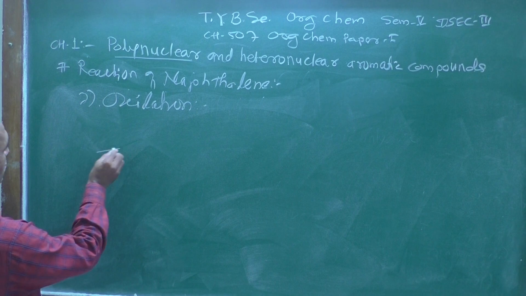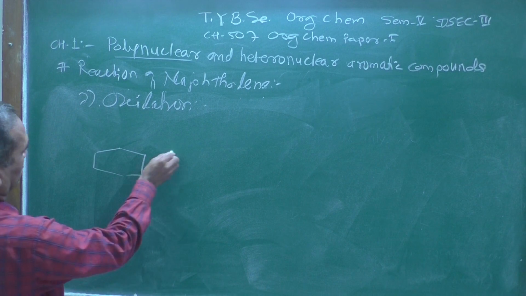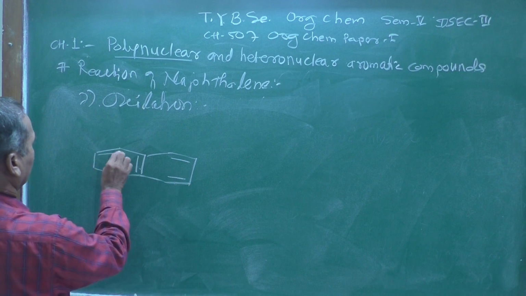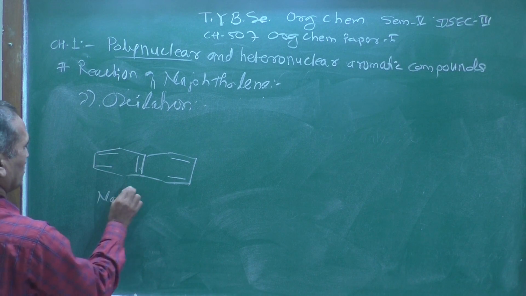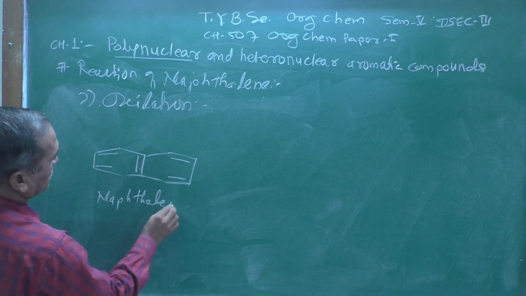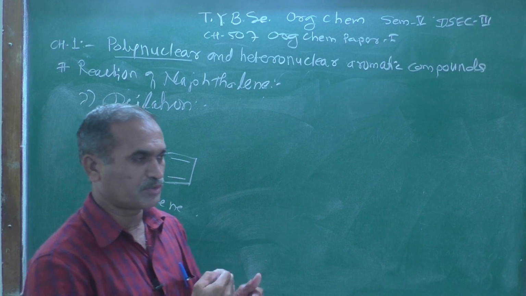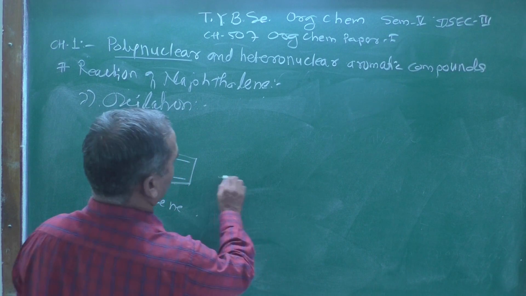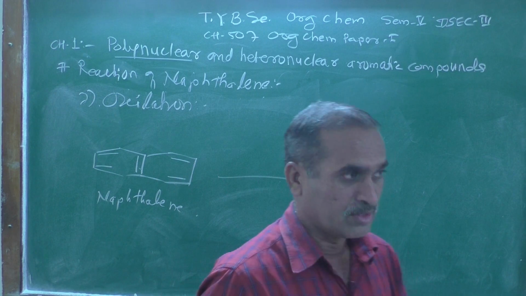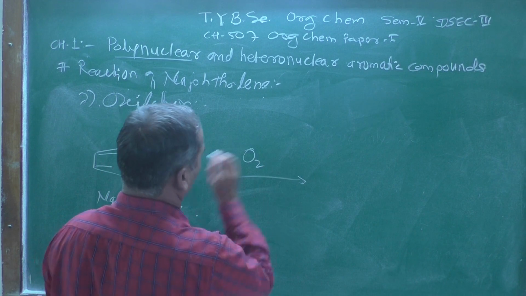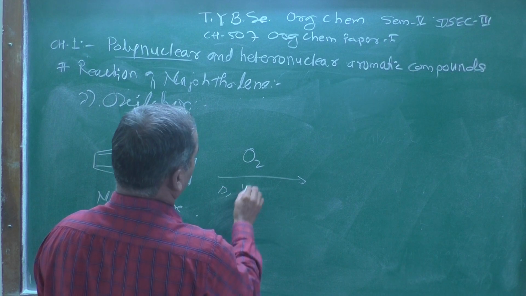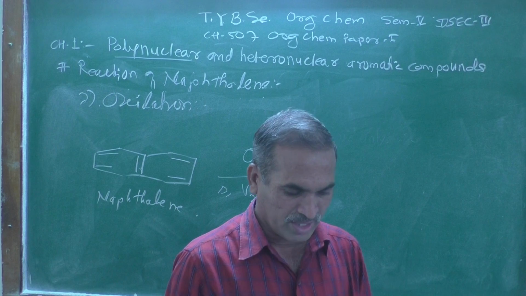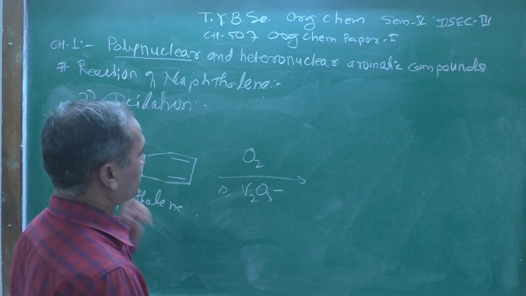Here we are talking about the reactions of naphthalene. As we know, this is the structure of naphthalene, and we want to carry out the oxidation reaction here with atmospheric oxygen, heated in the presence of V2O5, vanadium pentoxide, where one of the rings gets oxidized.